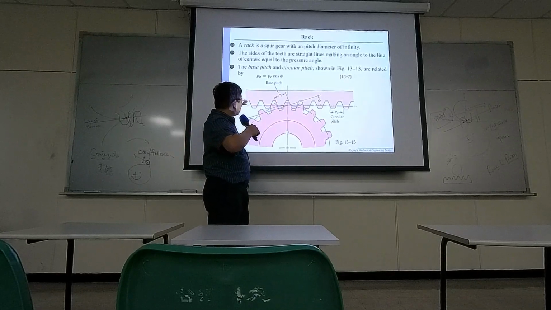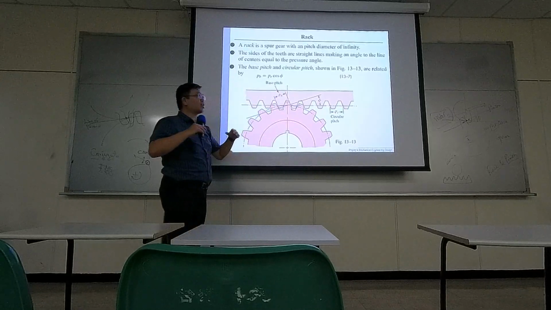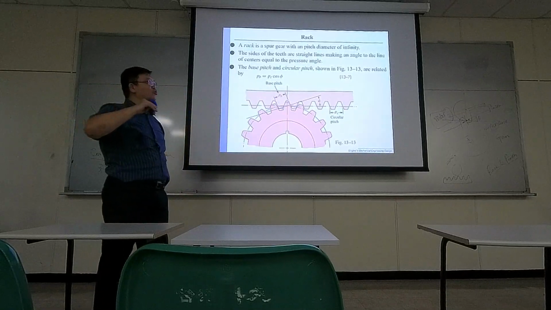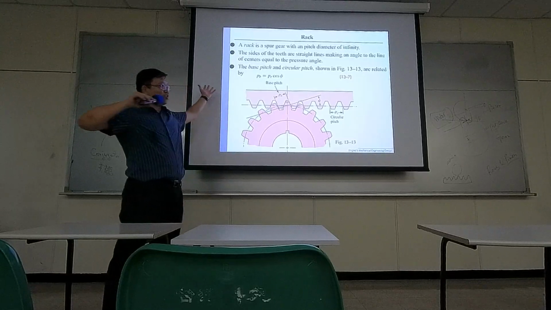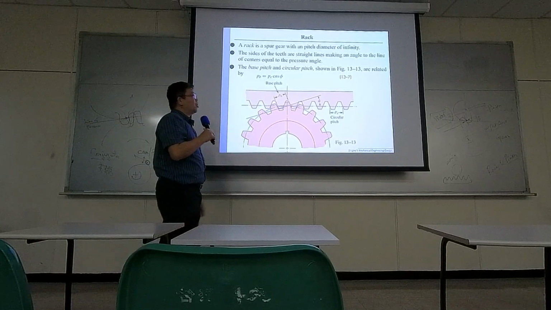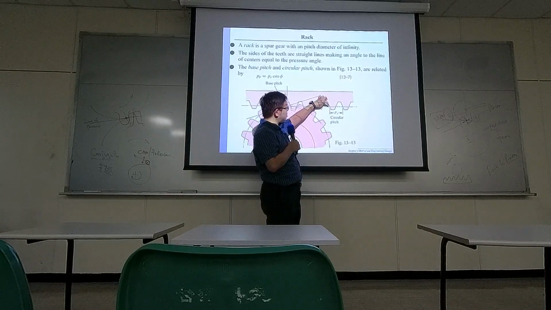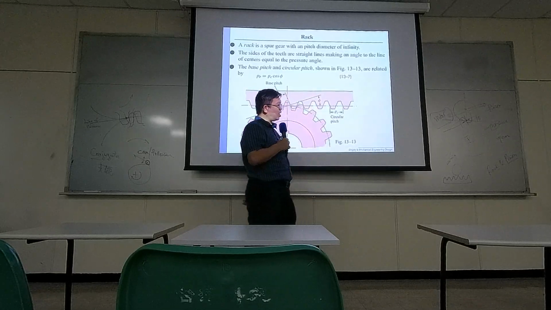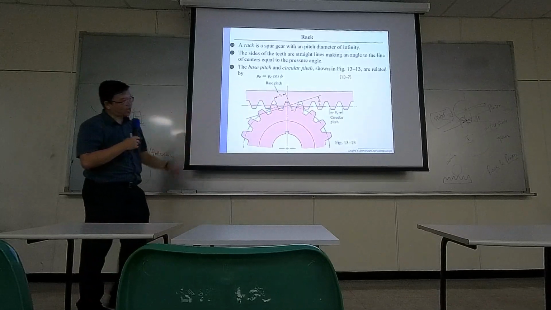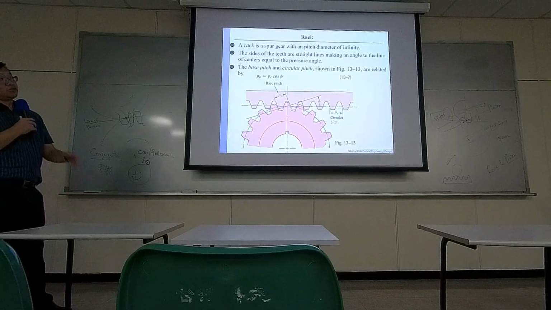So the linear pitch line is just like a super large circular pitch circle, right? Super large. So it becomes a straight line. And when you try to compute the circular pitch, basically measure the distance from one edge of the teeth to the other neighboring teeth. Then that's how you compute the circular pitch.